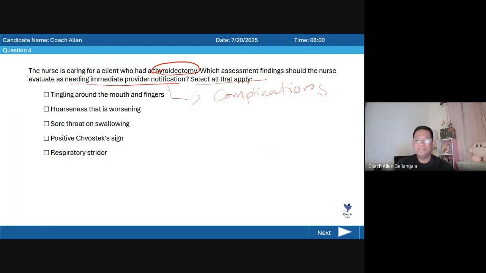When you have thyroidectomy, you remove the thyroid because guess what? There could be an overgrowth of it. Simple as that. Metabolism is decreased. Yeah, there's a removal of thyroid.